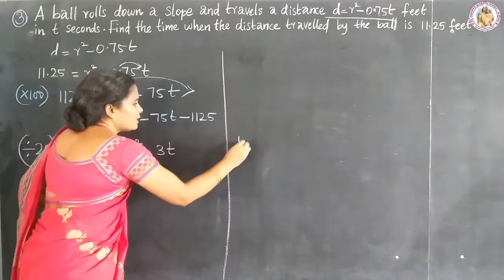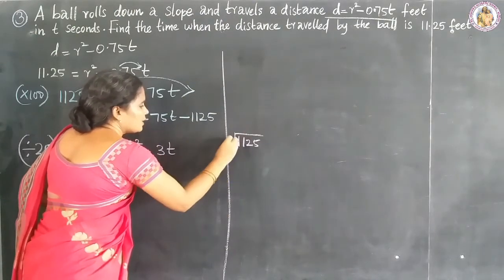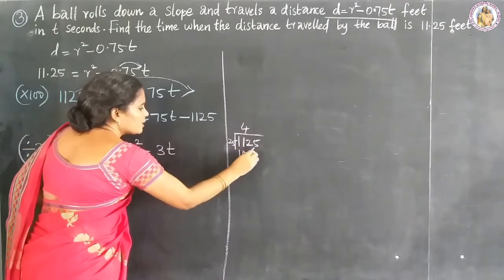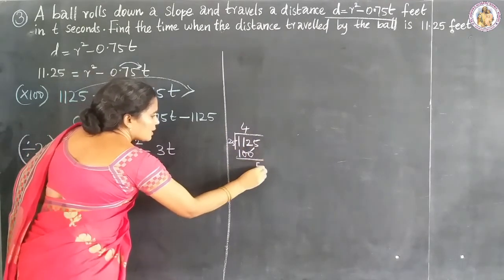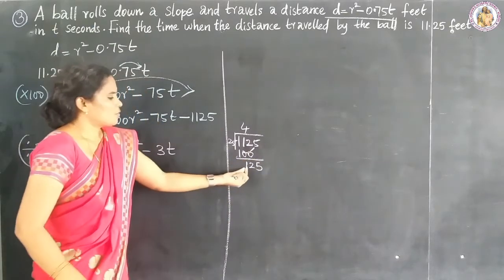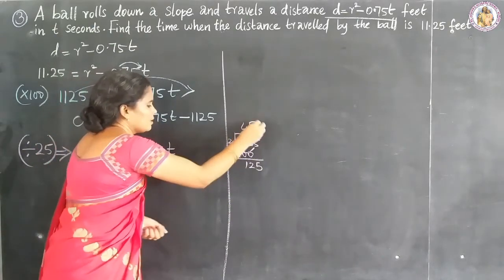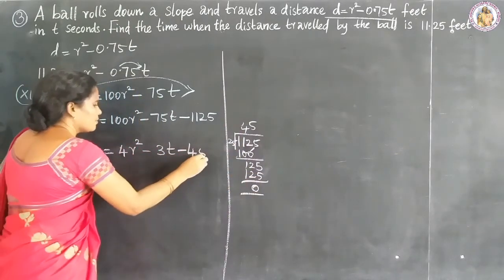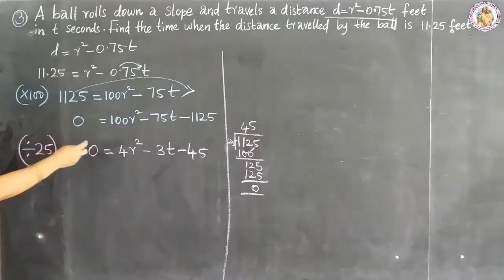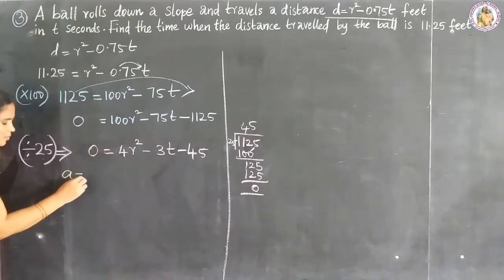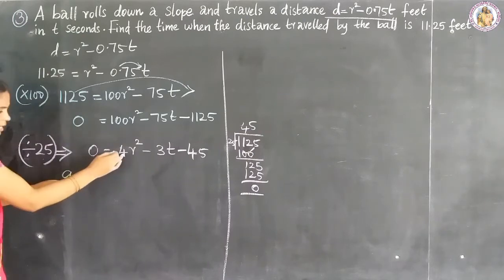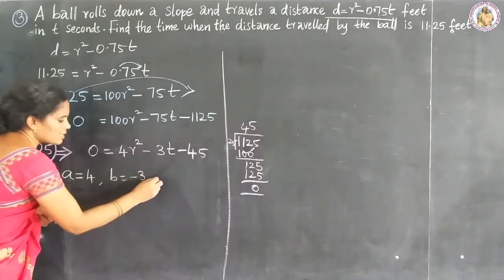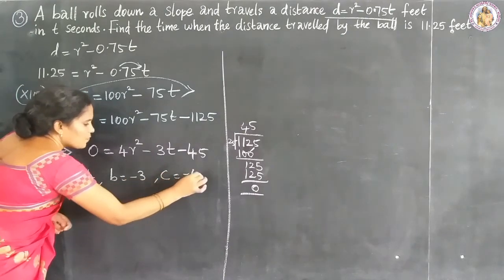And 1125 divided by 25: 4 times is 100, then take next number, 25 fives are 125. So 45. Now you have to take the value of a, b and c. A is equal to 4 and b is equal to minus 3 and c is equal to minus 45.